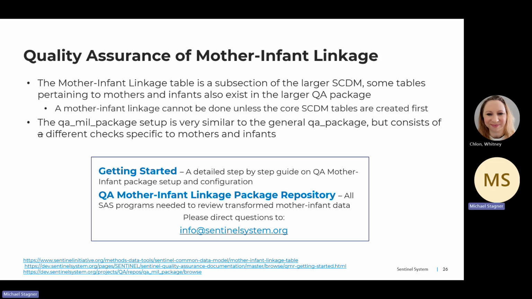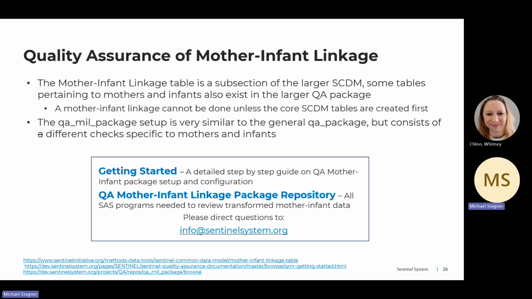Then finally, there's a QA package available that SOC creates to assess the data quality of the actual linkage. The quality assurance of the mother-infant linkage package setup is very similar to the core tables or phase A process.